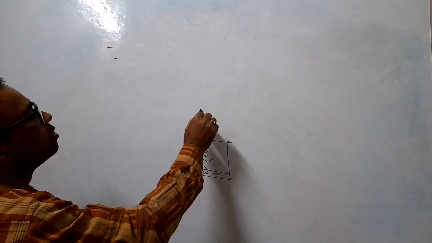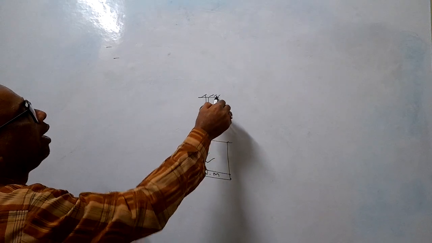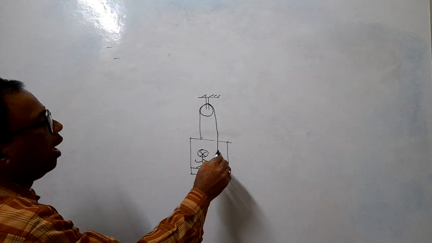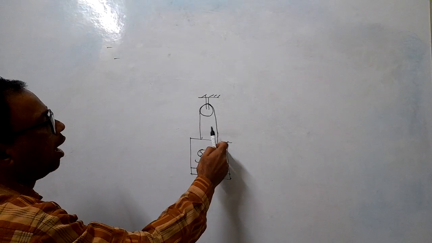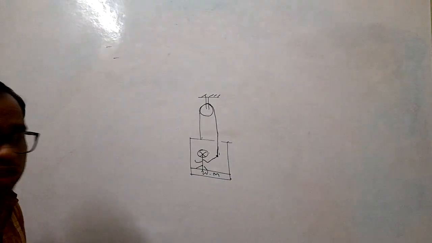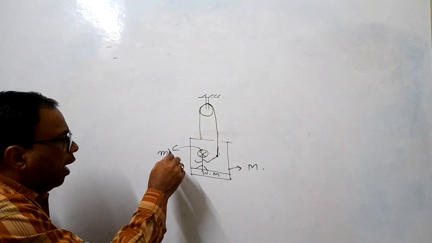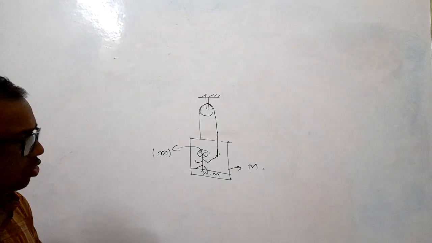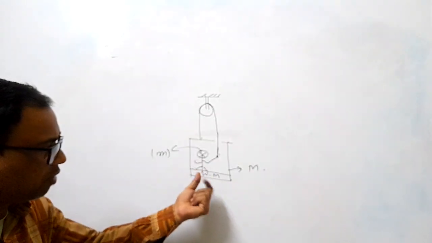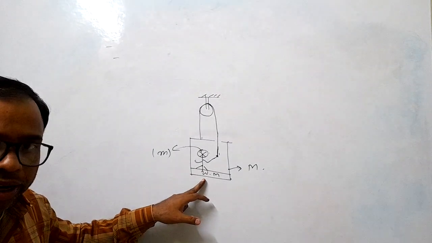Suppose this box is hanging from the ceiling by a rope, and the man pulls this rope with his hand to balance himself and also the box. Suppose the mass of the box is M and the mass of the man is m. The man is inside the box and pulls the rope to balance himself and the box, and the weighing machine shows us the reading.